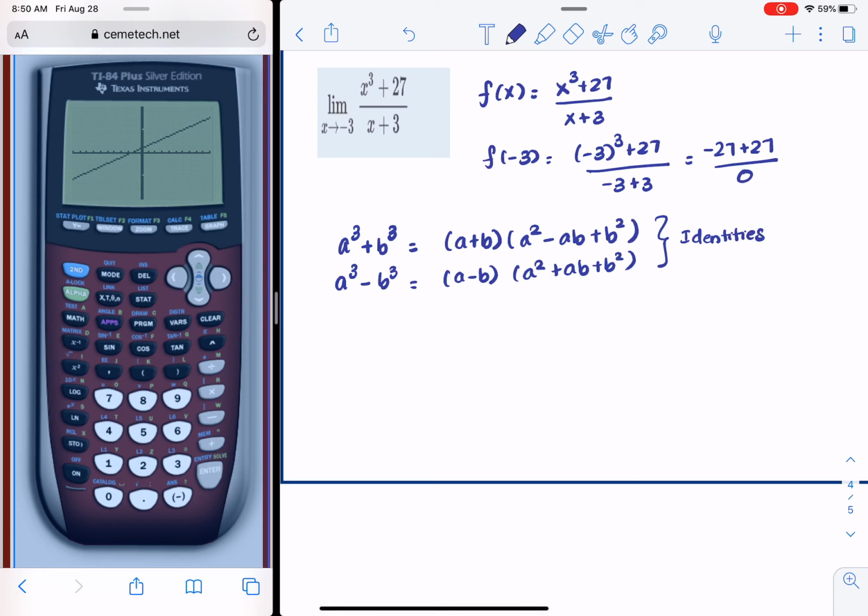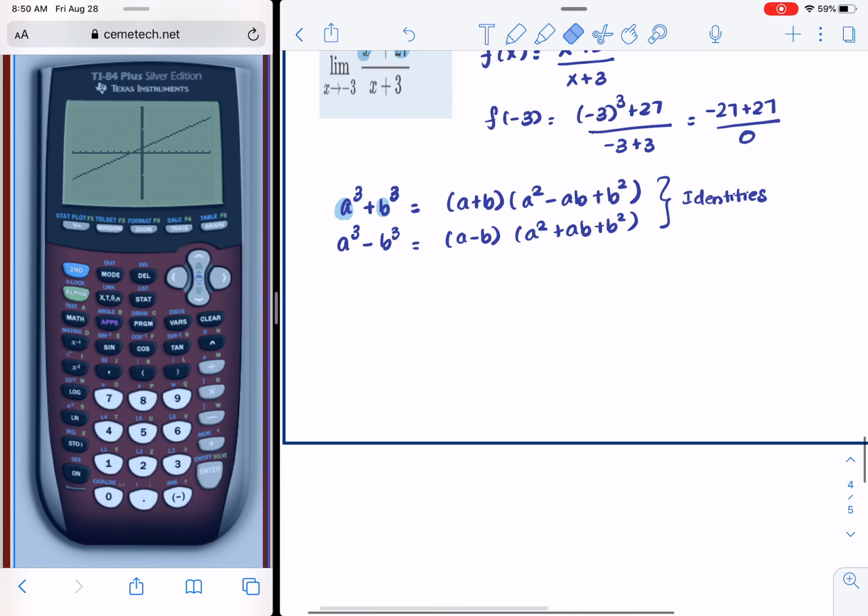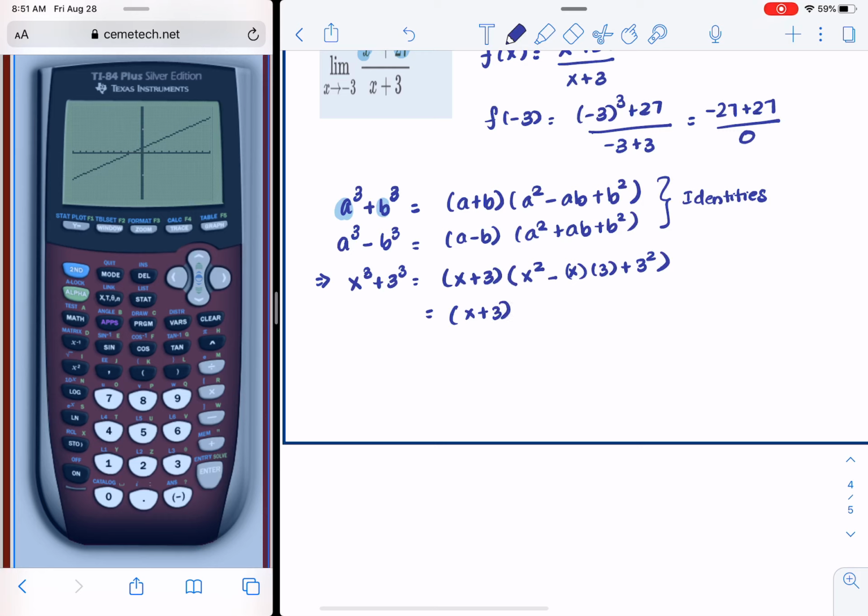So in the problem, a is x, b is 27. 27 is simply 3 cubed. So x cubed plus 3 cubed would equal x plus 3 times x squared minus x times 3 plus 3 squared. So you have x plus 3 times x squared minus 3x plus 9.